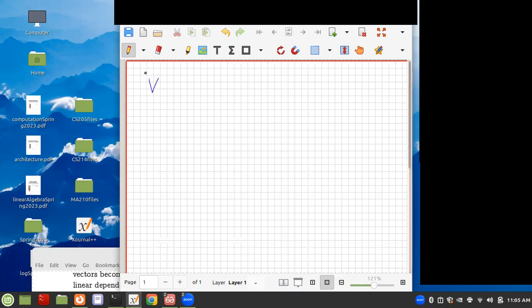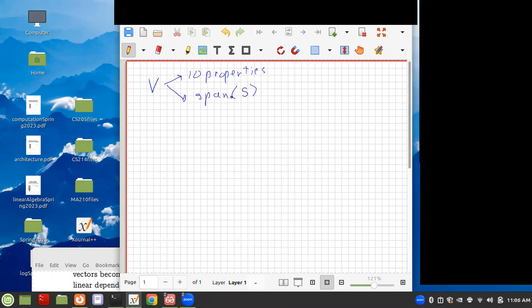So we have the vector space V, and it has those 10 properties. And we also know that we can always write it as the span of some set of vectors.